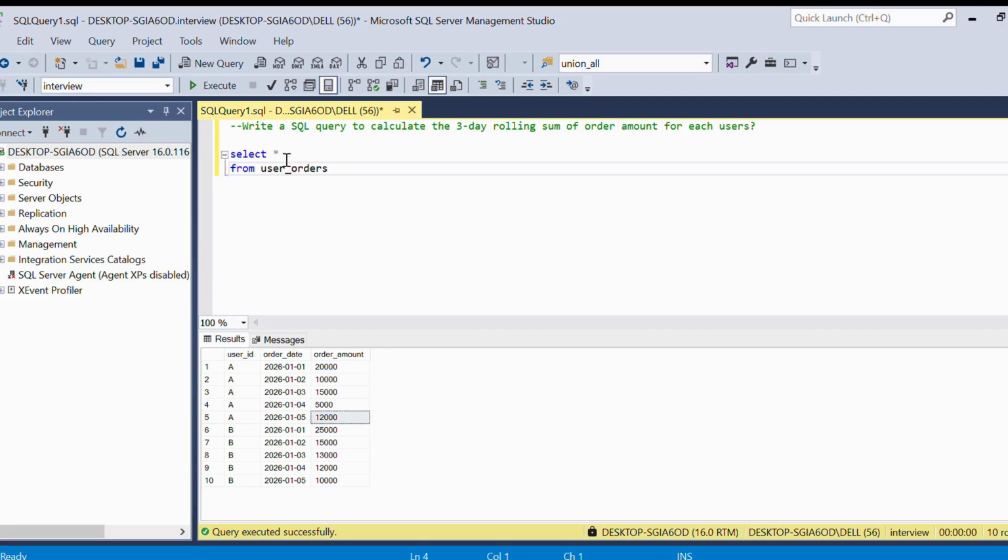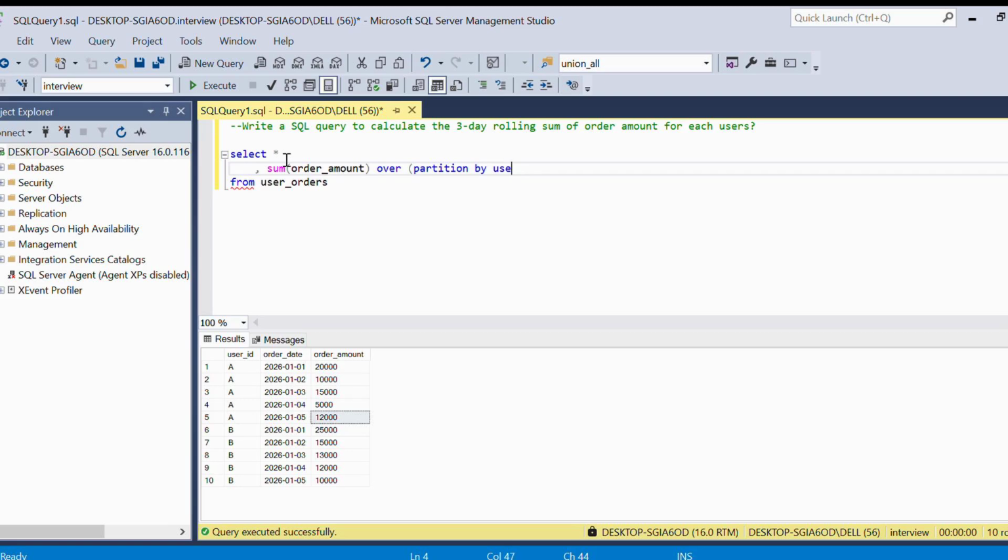For the calculation of the rolling sum, I will use a window function. So sum of order amount over partition by. Why am I using partition by user ID here?